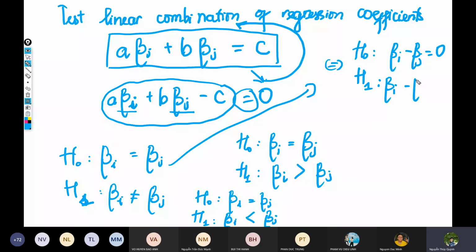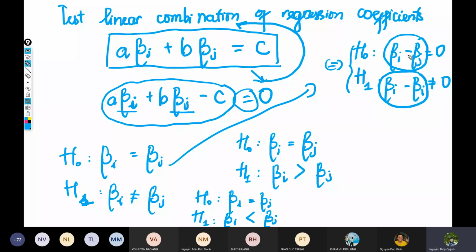So we consider this one as one individual regression coefficient, and we will conduct the t-test for this one as follows.